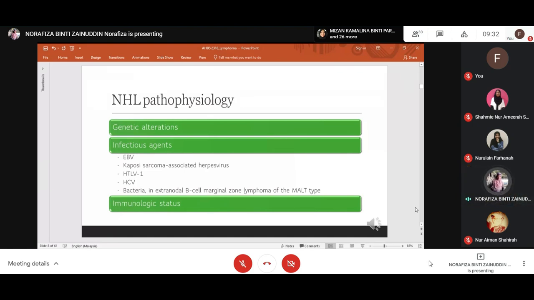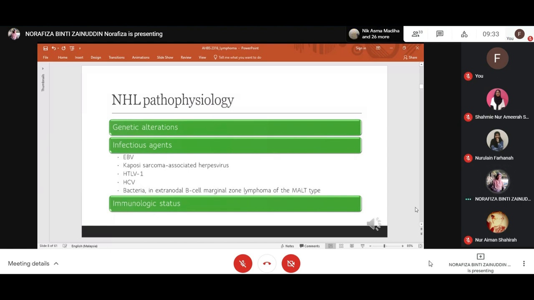For example, Helicobacter pylori infection, which is associated with gastric MALT lymphoma, and also Borrelia burgdorferi in the pathogenesis of cutaneous MALT lymphoma.